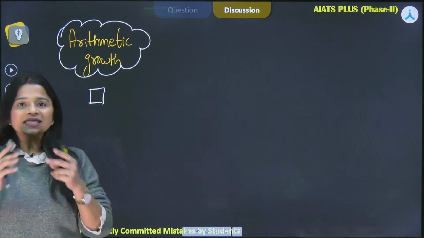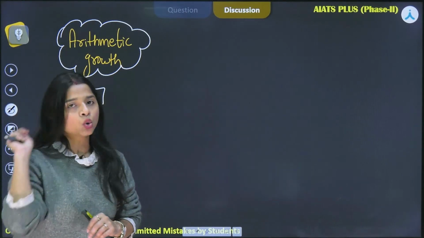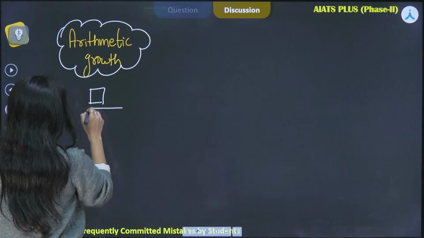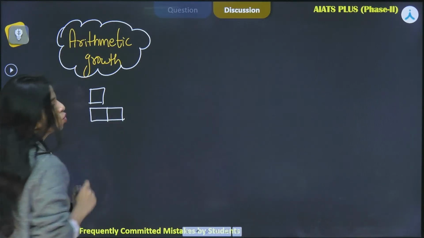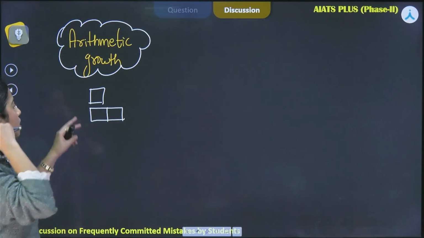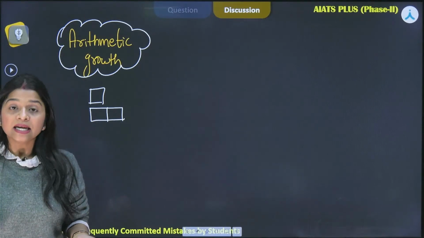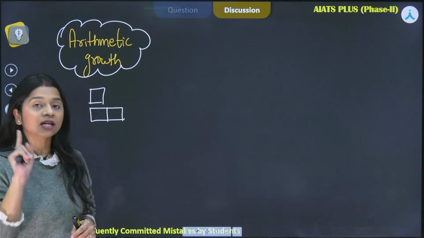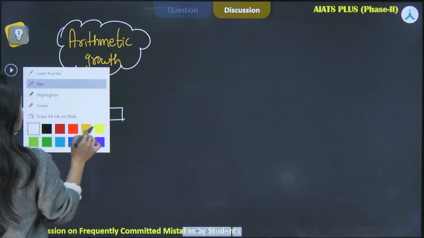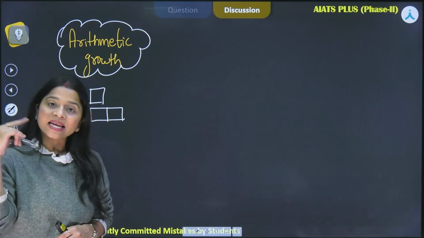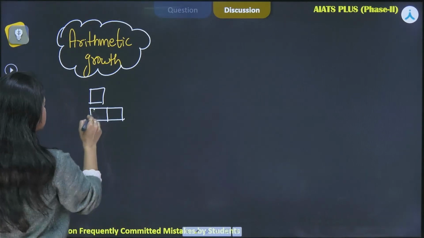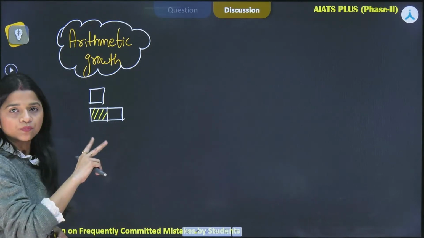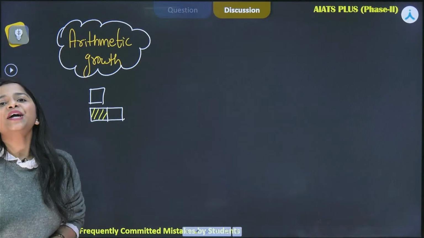The cell divided, and it formed 2 daughter cells. Here we see there is the presence of 2 daughter cells. Now, these 2 daughter cells will further divide into 2 daughter cells forming 4, but no, in case of arithmetic, what exactly happens is one cell gets differentiated out of 2 and only one will divide further.